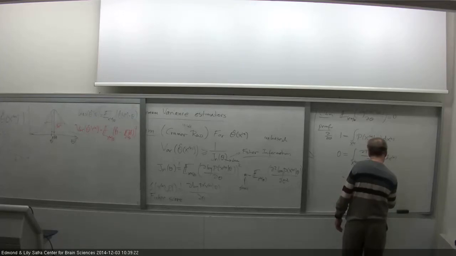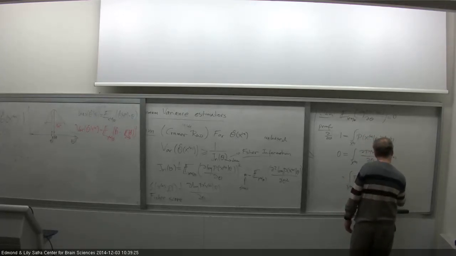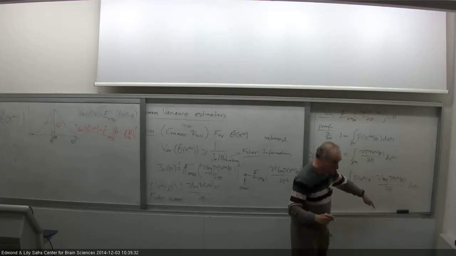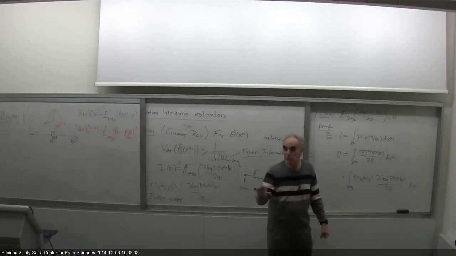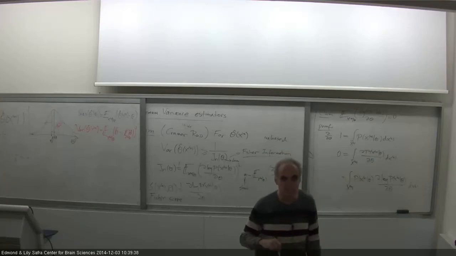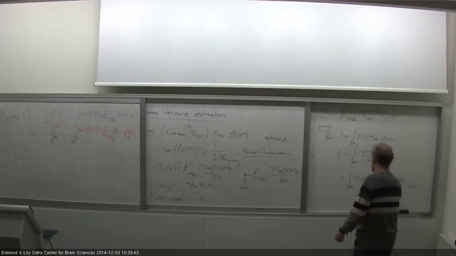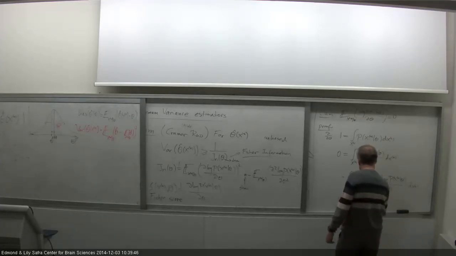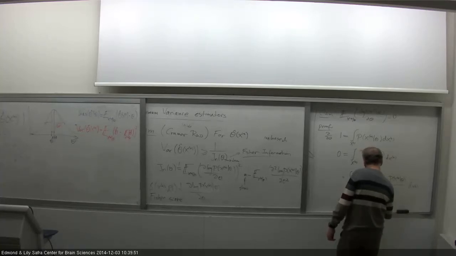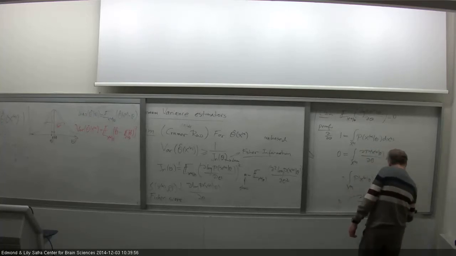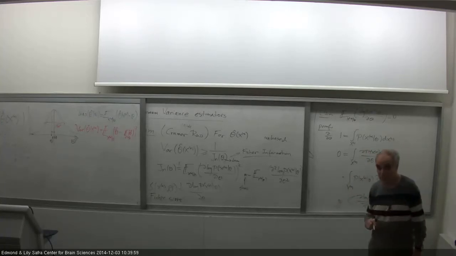When I write log, I usually mean ln. Why is this true? The derivative of log is 1 over p times dp by d theta, and the 1 over p is cancelled by p. So this is simply the expectation. So this proves this little lemma.